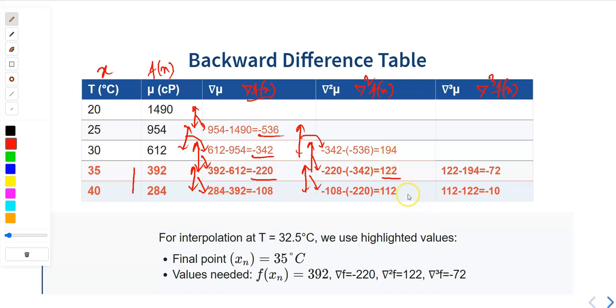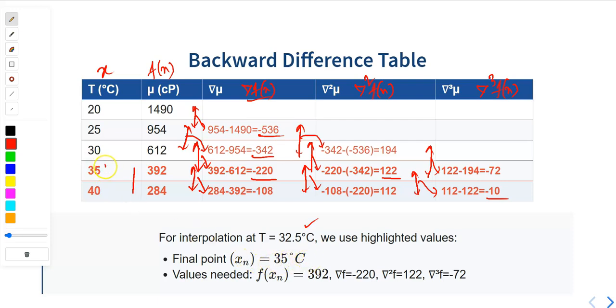Again backward, from this data and this data we get 112 minus 122 equal to minus 10, and from this data and this data, minus 72. Now the interpolation point t is 32.5 degrees centigrade, and the final point xn is 35 degrees centigrade.